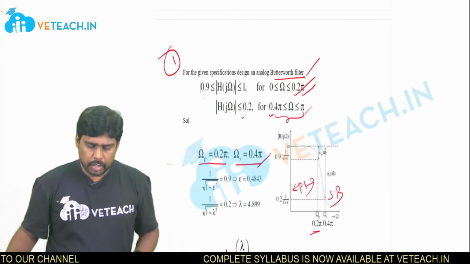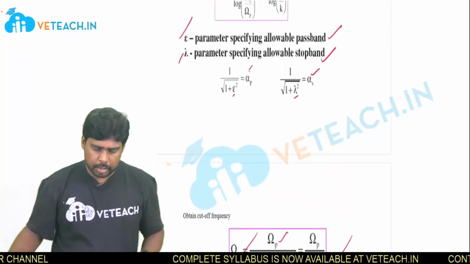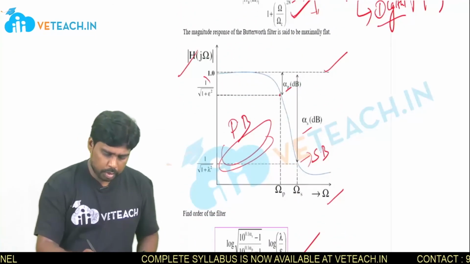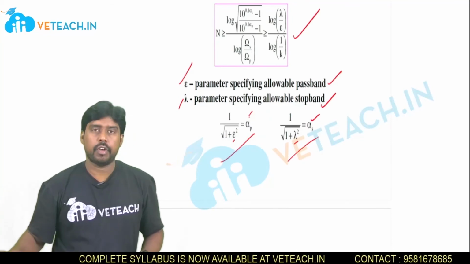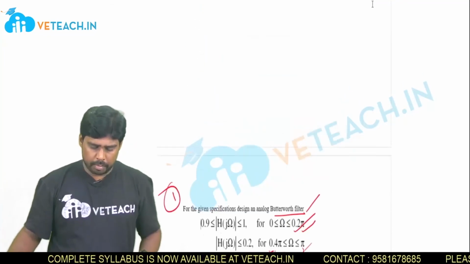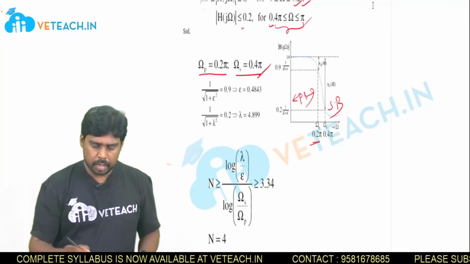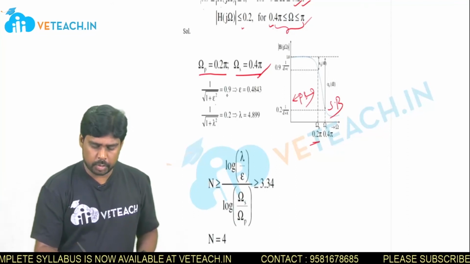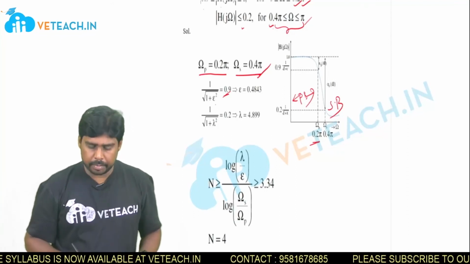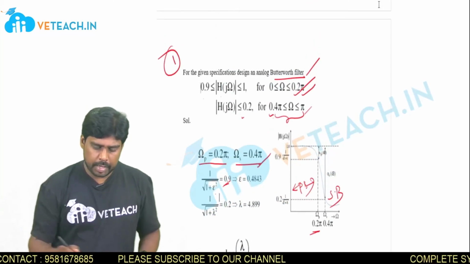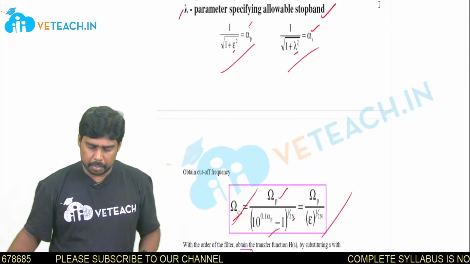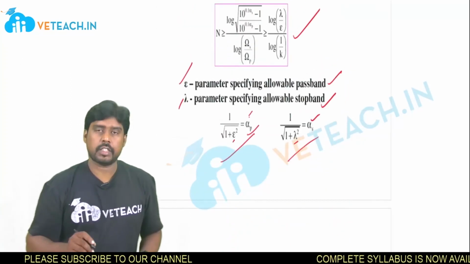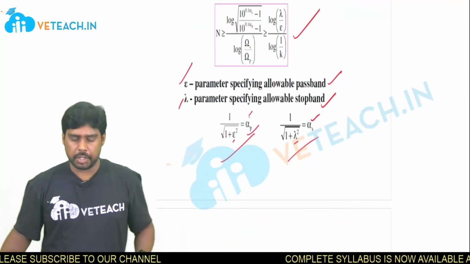Okay, now see this, as per these formulas already I have shown you in this diagram. These are two formulas, or I have shown you here also two formulas. Based on those formulas, just check here, 1 by root of 1 plus sigma square, you are getting 0.9. Why? Because it is given as 0.9, and that 0.9 is nothing but alpha suffix p, pass band attenuation.